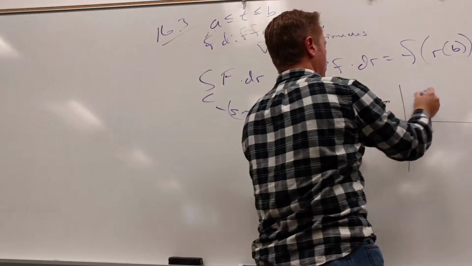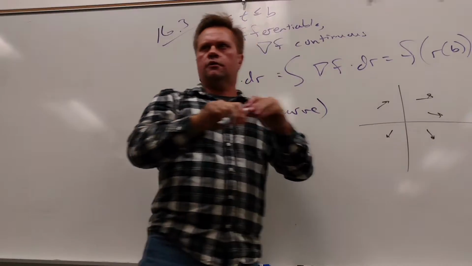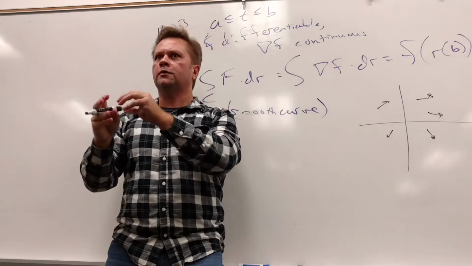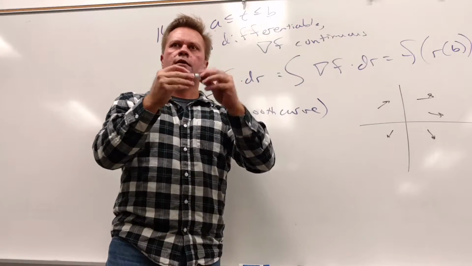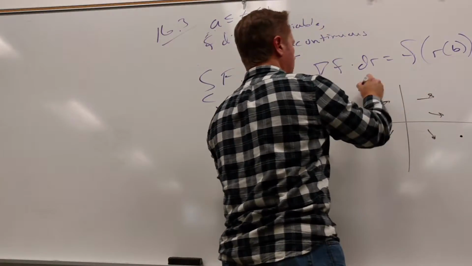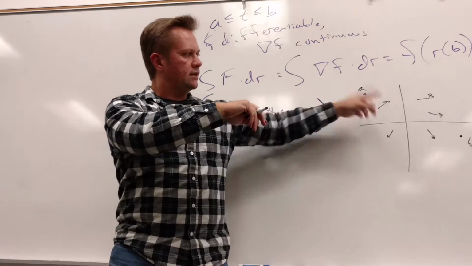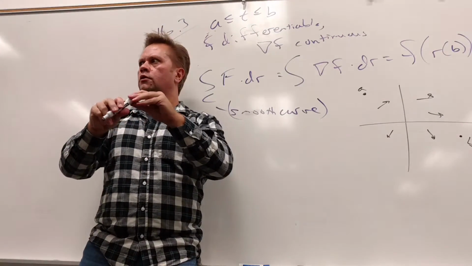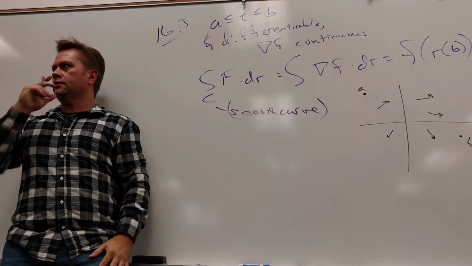So remember that little formula. Now, something has to be true about this vector field in order for this to be true. Now think about this. If I got a point A and a point B, and all I need is for C to be smooth, how many ways can I connect those two together? Because there's nothing else about C except it's just going to be smooth, right?